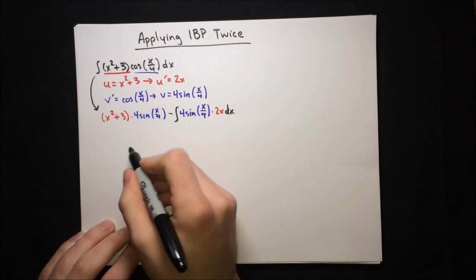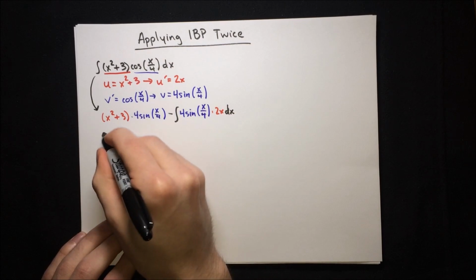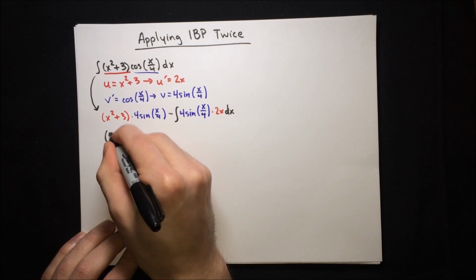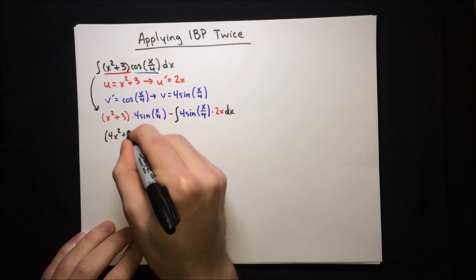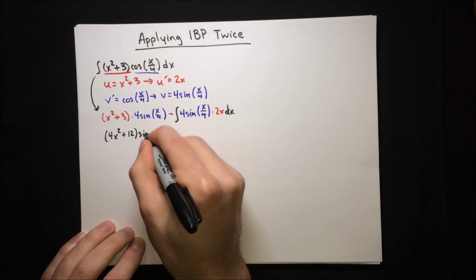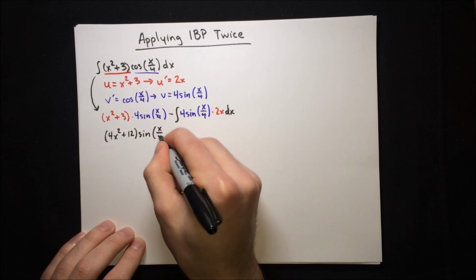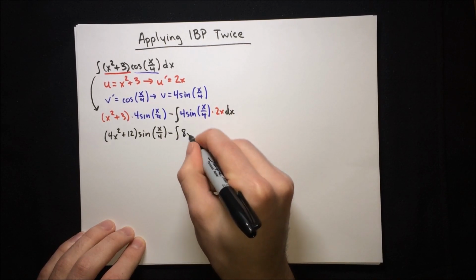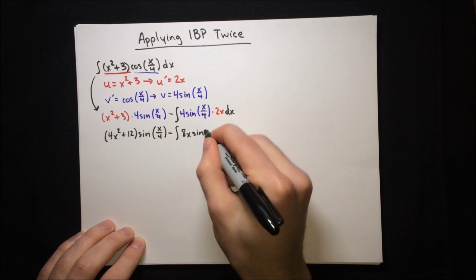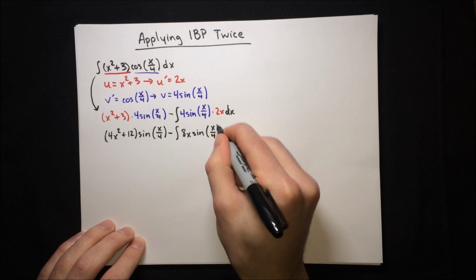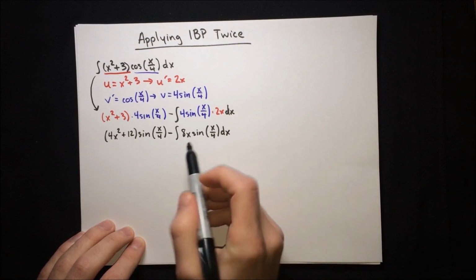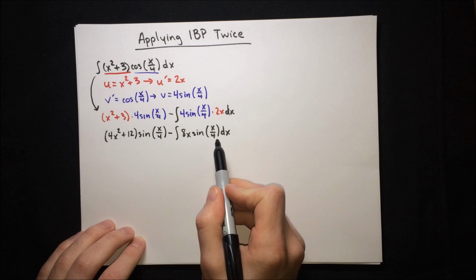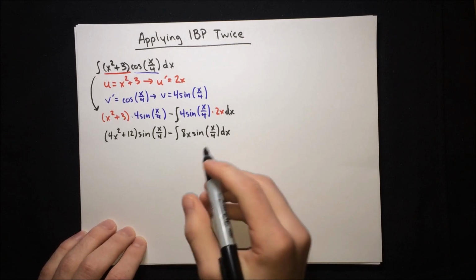Now we'll multiply through and simplify a little bit. So here we've got 4x squared plus 12 times sine of x over 4, then minus the integral of 8x sine x over 4.